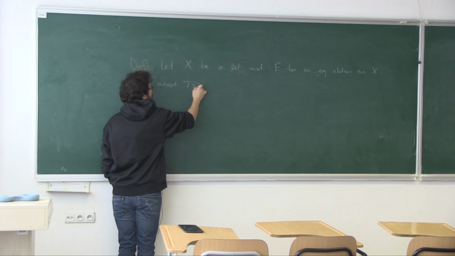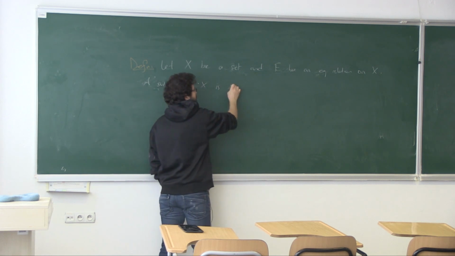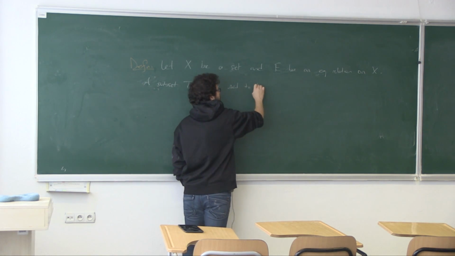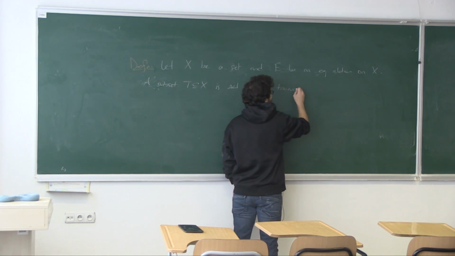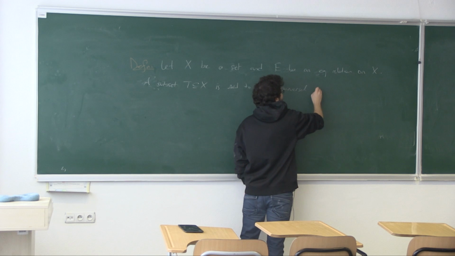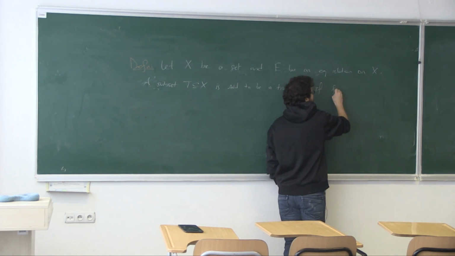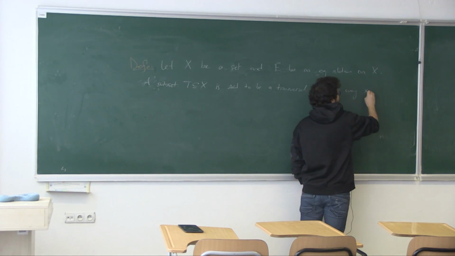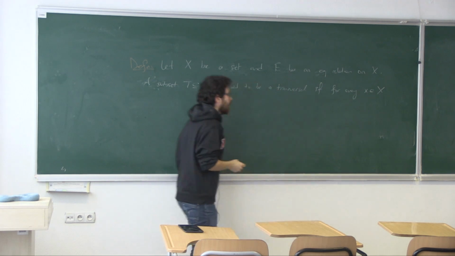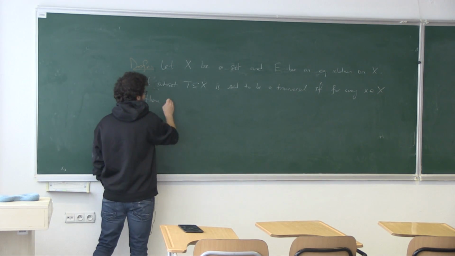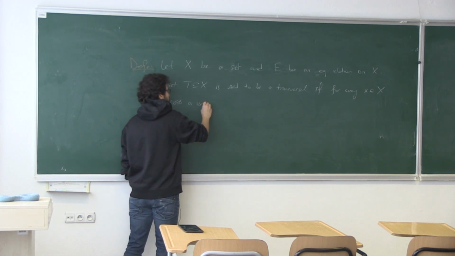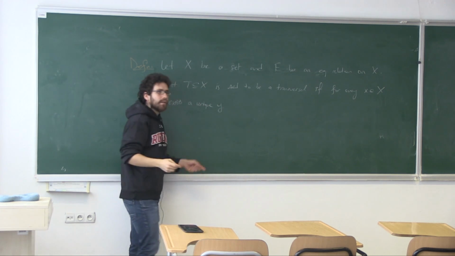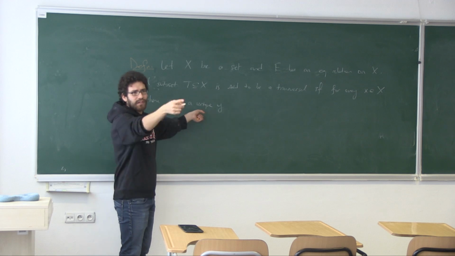of X, I'm going to call this T, is said to be a transversal if the following happens. For every element of X there exists a unique Y. In the notes, there's a typo over here if you're checking the notes.